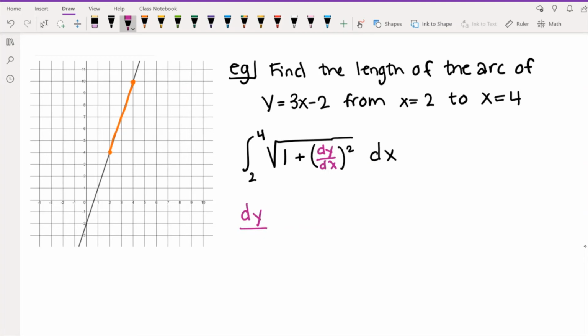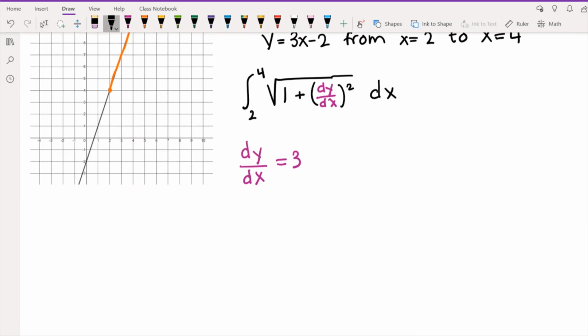So the derivative of a linear function is just its slope, so it's just 3. So this is going to be a pretty friendly integral to do. We're going to get the integral from 2 to 4 of the square root of 1 plus 3 squared. And so that's going to be the integral from 2 to 4 of the square root of 10.